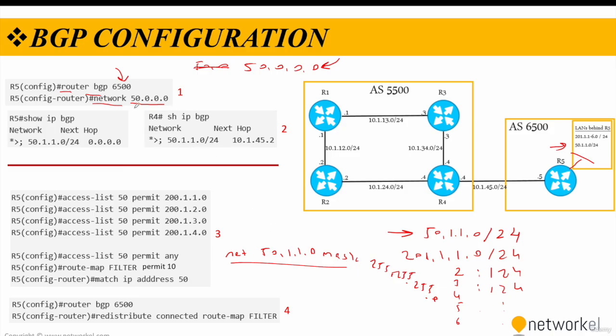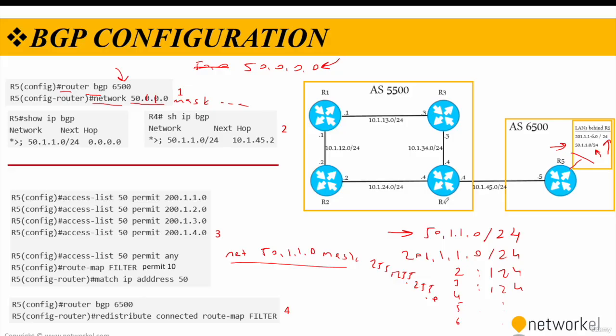So basically, I change this network 50.1.10.0 followed with the mask keyword and the subnet mask that you are seeing in here. Okay, so this is how I can use the network keyword to advertise a subnet from router 5 itself.